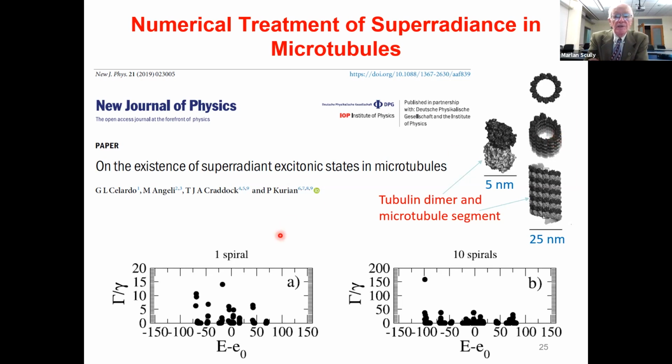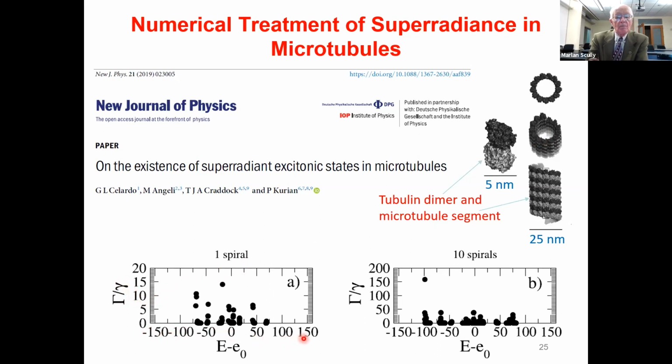So that in this context, suppose we have one spiral and maybe some 10, 15 atoms in that spiral. And then what these guys did is to calculate the rate of decay of an excitation, essentially a photon tied to the microtubule. The rate of decay is n times faster than gamma, where gamma is the free molecule decay rate.